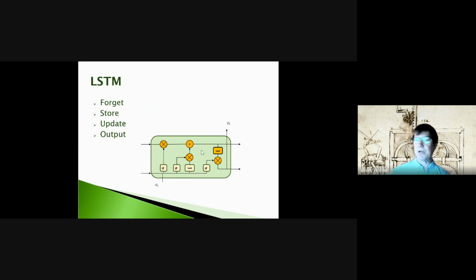Now, this was the standard approach for dealing with things like language that have this sequence to it, where you want to memorize or remember certain words that happened before.